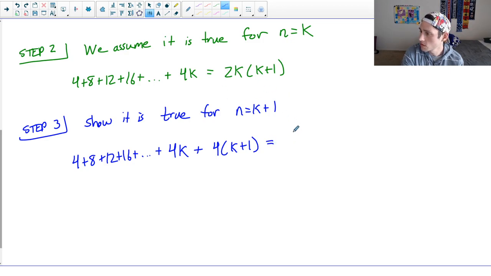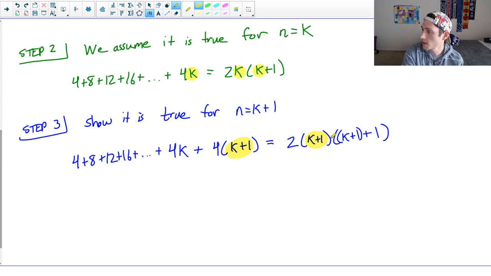And I'm trying to show that that would equal 2, but instead of k, I'm doing k plus 1, the next term, times (k plus 1) plus 1. Basically I just took this equation, but anywhere there was originally just a k, I replaced that with k plus 1.